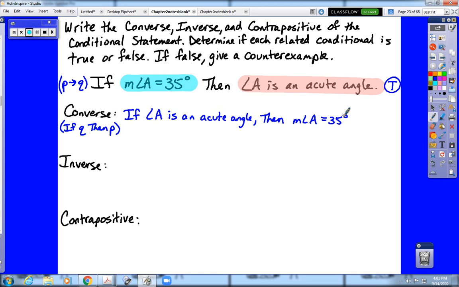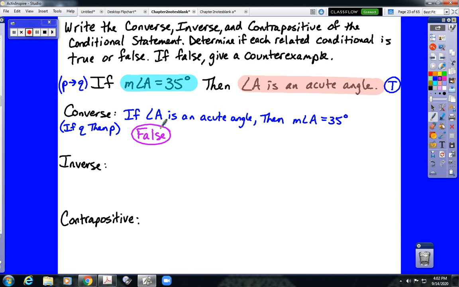And I say has to be 35 degrees because that's what equal means. So we have to think about this very carefully here, because this conditional statement, when we switch the hypothesis and conclusion and we write out the converse, we actually create a false statement. This is not a true statement. This is false. And here's your counterexample.